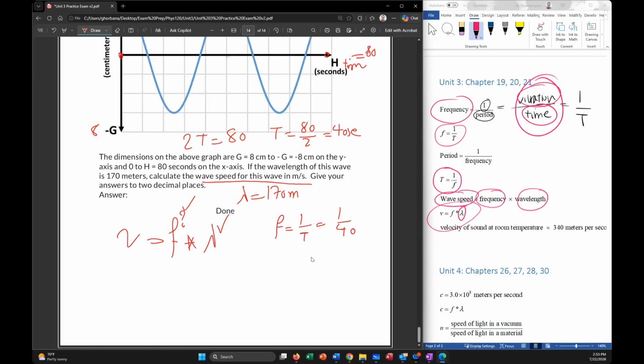Now I can plug it in. 1 over 40 multiplied by, what is the lambda? 170 meter.